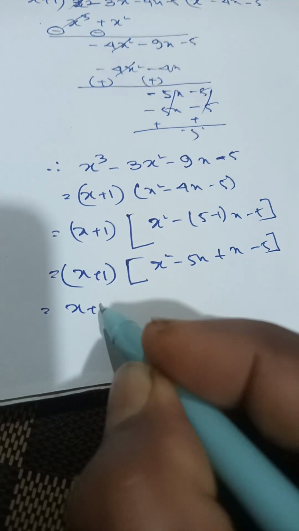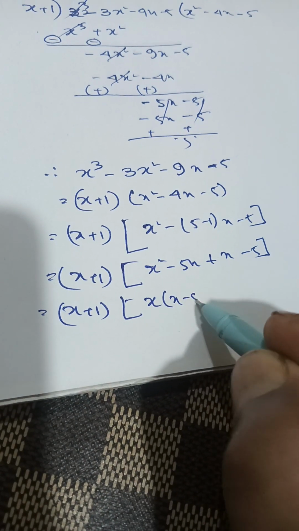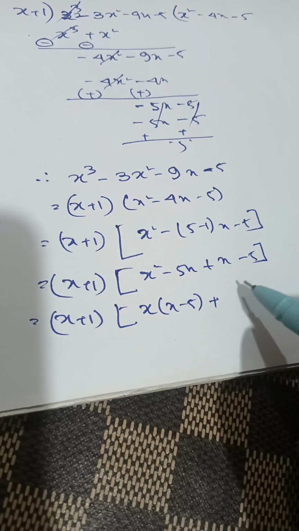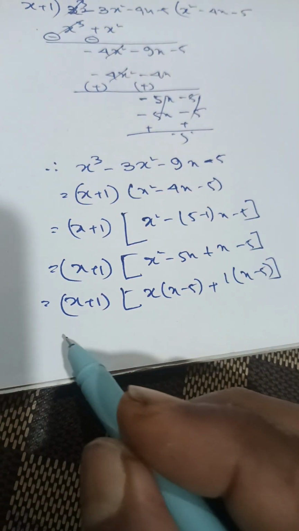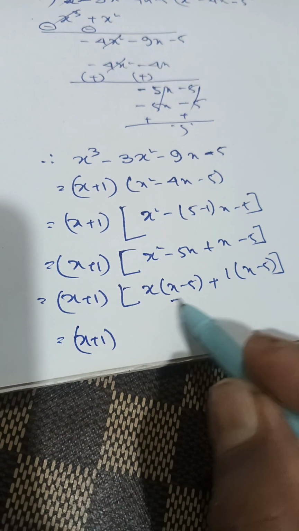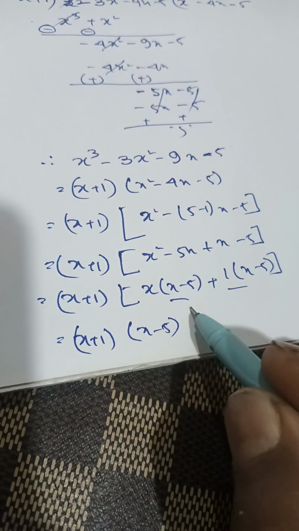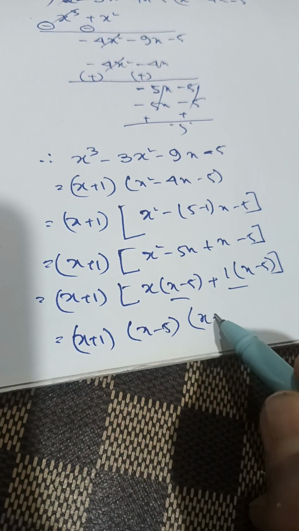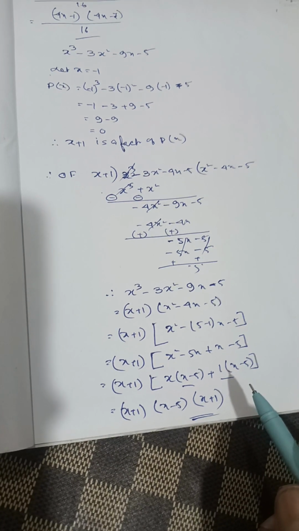After that you write x plus 1, in bracket you take common x minus 5 plus, you take 1 common, it will be x minus 5. After that you write x plus 1 same. In between these two terms you can take x minus 5 common. So here x left, here 1. So this is the ultimate answer of this question, very important type.